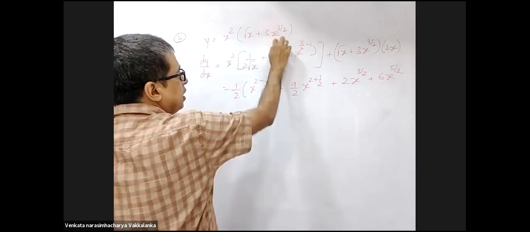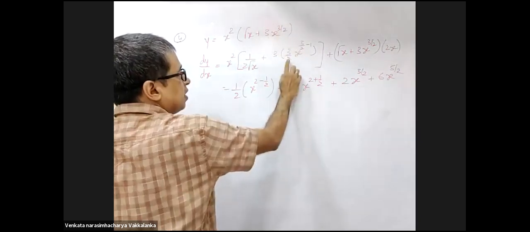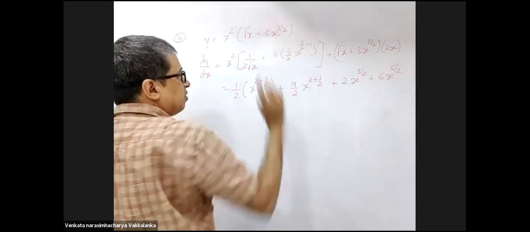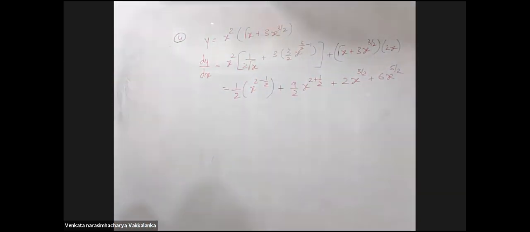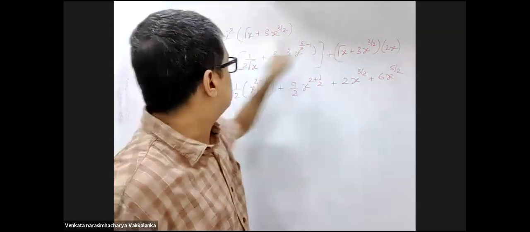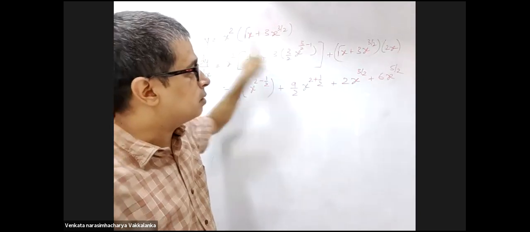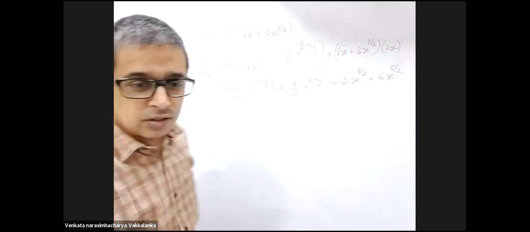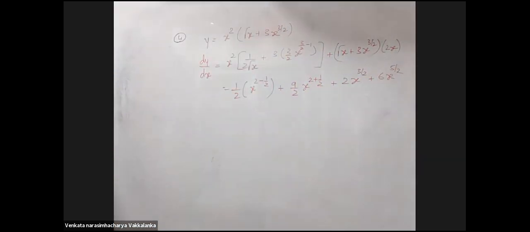Differentiation of this is 3 into n x to the power n minus 1. Sir, what about the second one? I kept this as it is and I differentiated x square. x square differentiation is 2x.